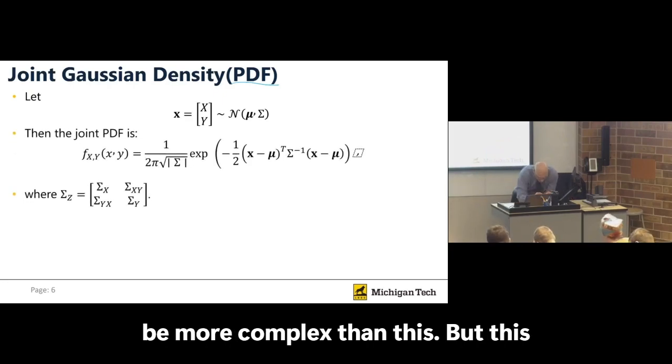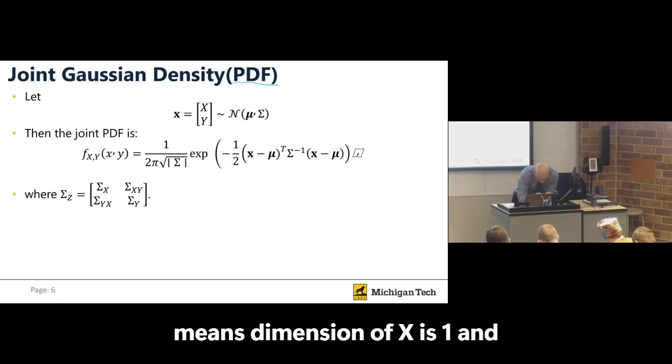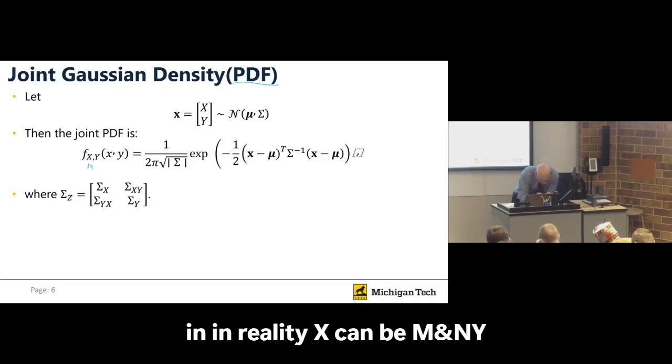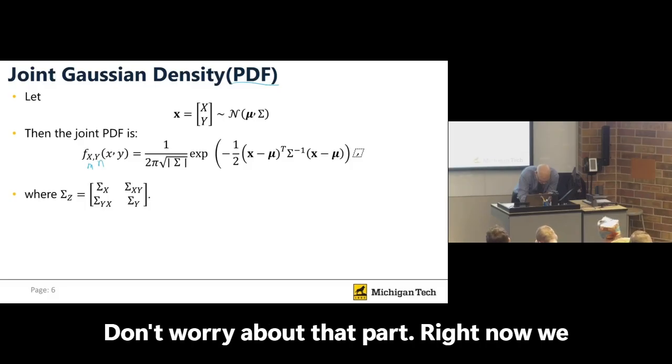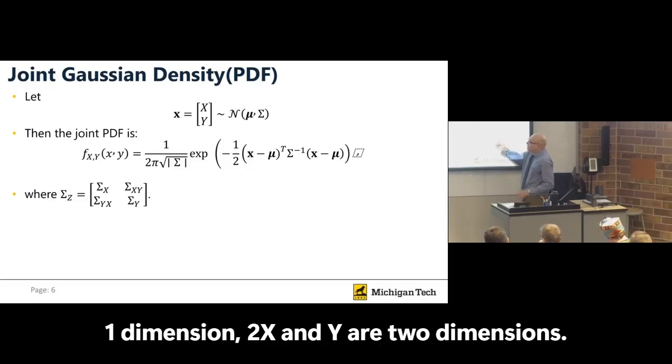But this formula is just for 2 dimensions. It means dimension of x is 1 and dimension of y is also 1. But in reality, x can be m and y can be n, for example. But don't worry about that part. Right now, x is 1 dimension, y is 1 dimension, x and y are 2 dimensions, okay?